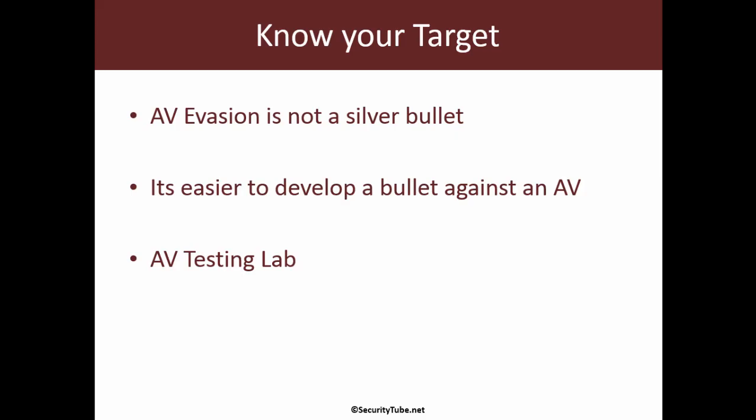And this is where, if you already know what your client is running, or if you can benchmark against the most common AVs used in the enterprise, then you can go ahead and custom build your bullet against that AV or AVs. This is where creating an AV testing lab is very, very essential.